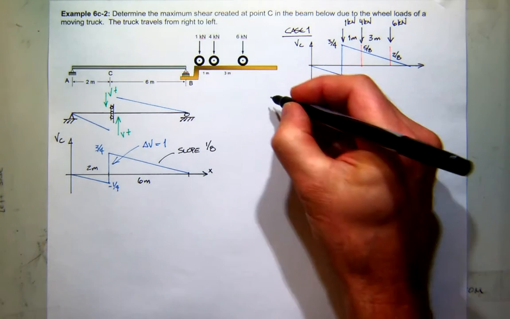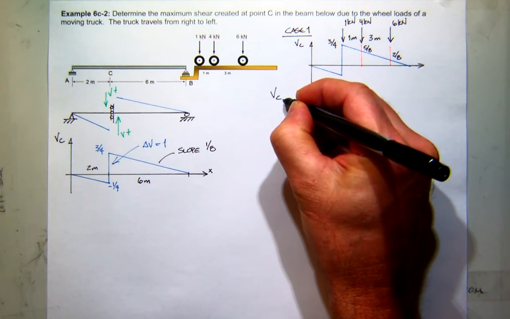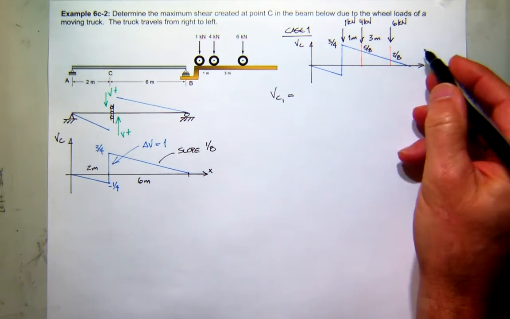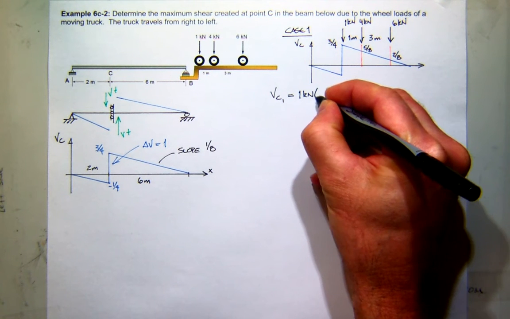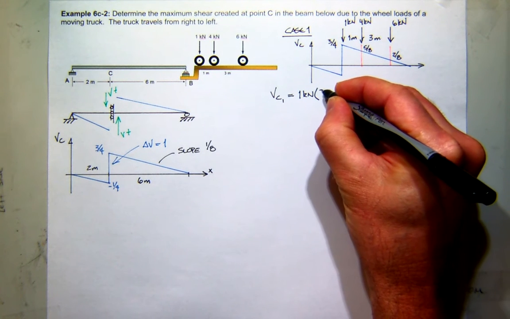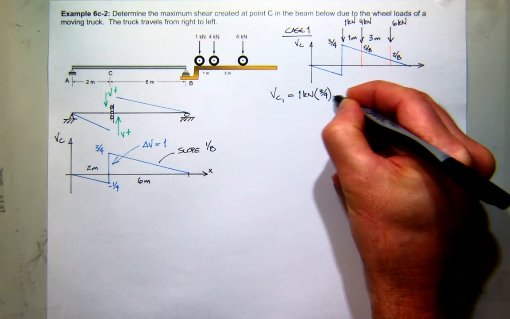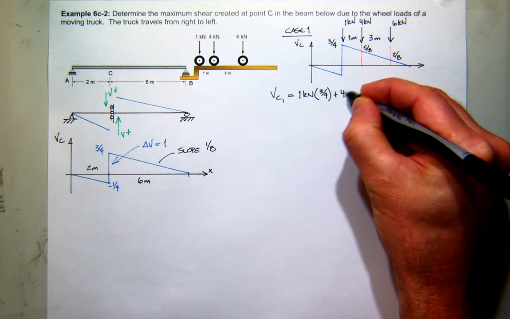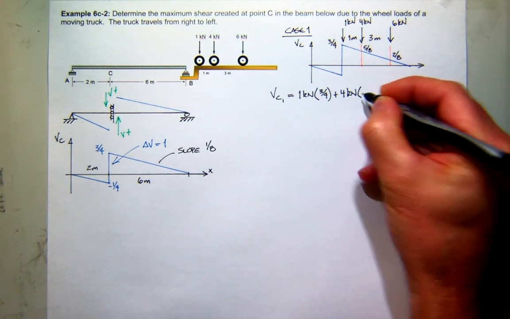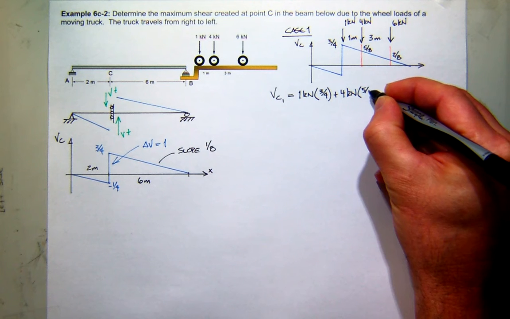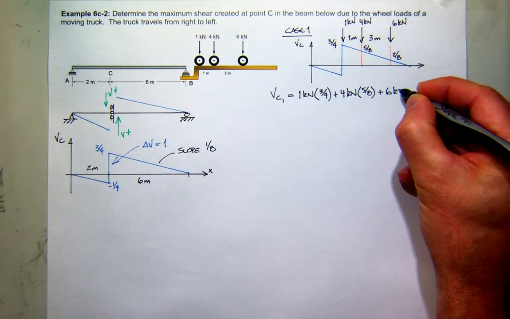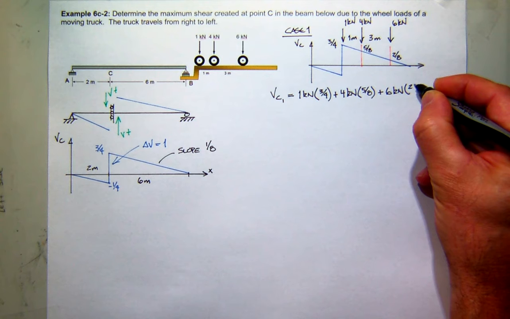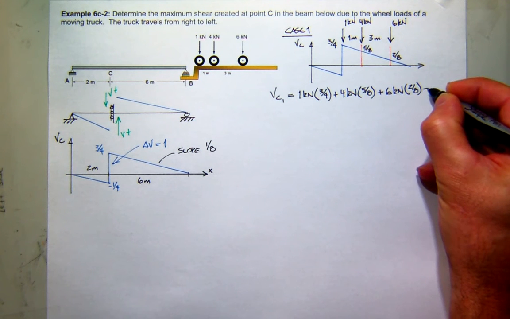So now, the shear at C for case 1, I'll just do my accounting. I take the first value, which is 1 kilonewton, times 3/4, plus 4 kilonewtons times 5/8, plus 6 kilonewtons times 2/8.